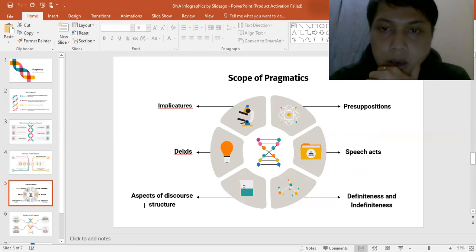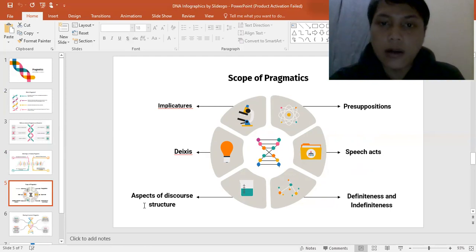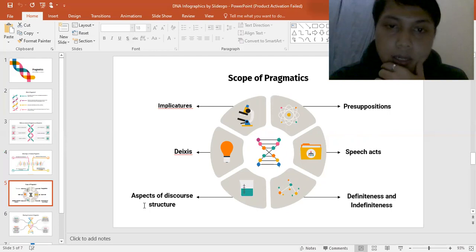And then presupposition. Things that are assumed by the speaker as an event before producing an utterance. And then conversational implicature.